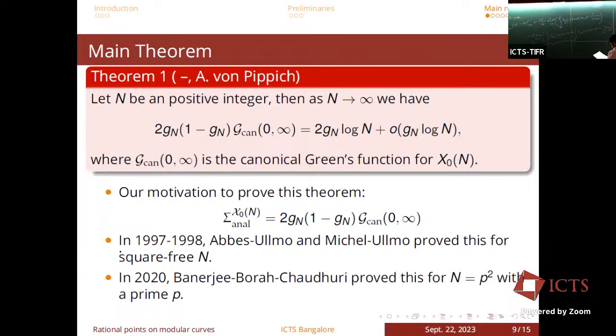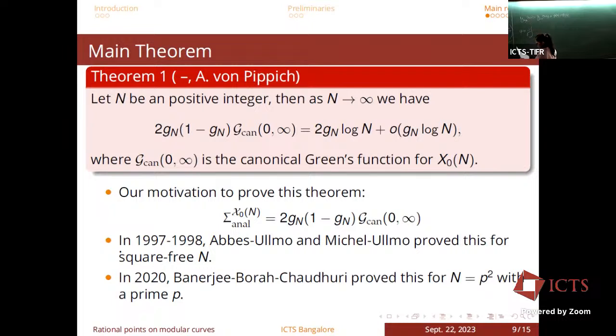We have used the hyperbolic heat kernel approach, and we prove that if you take two Green's functions, the hyperbolic Green's function and the canonical Green's function, the difference is given by phi(z) plus phi(w). One more thing, this formula is true for any finite index subgroup, and k and l can be any cusp.